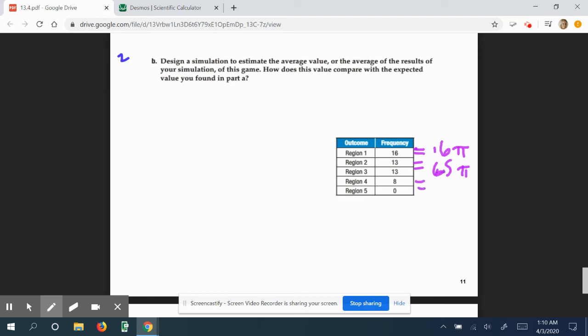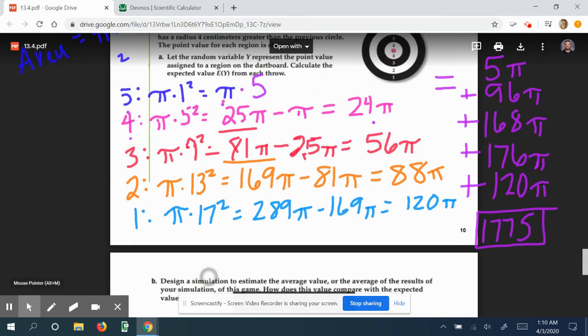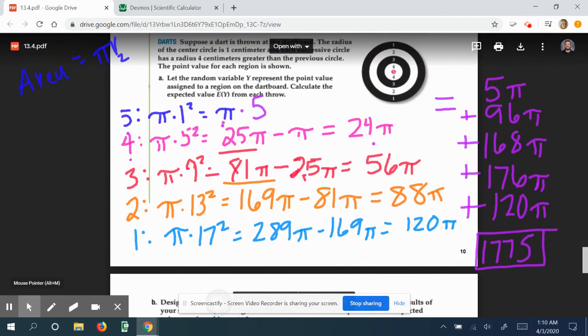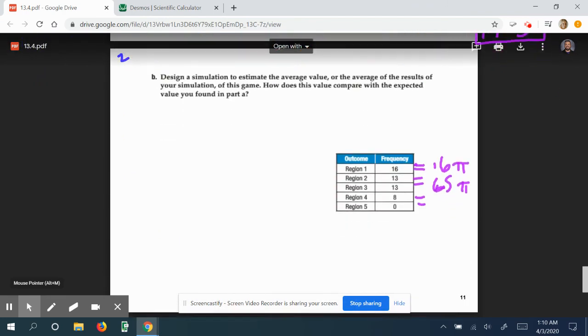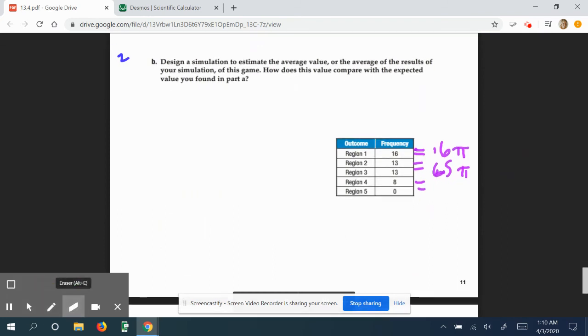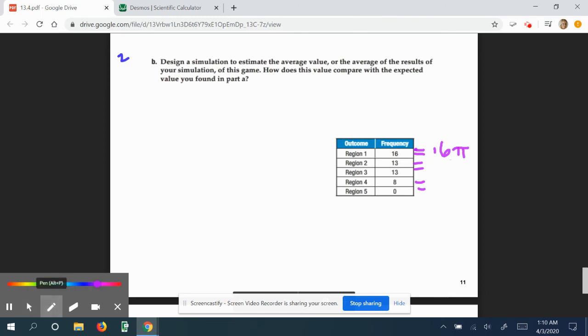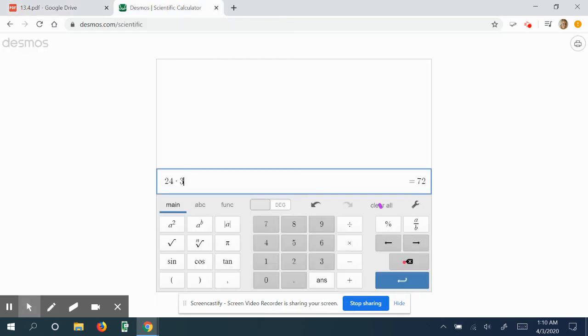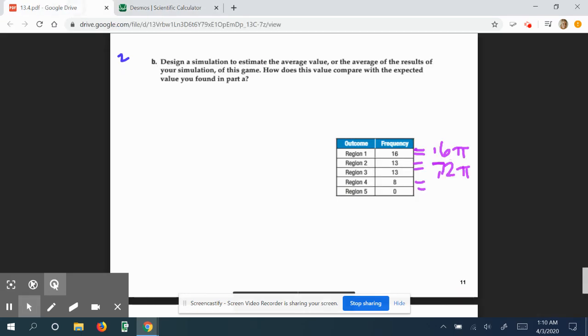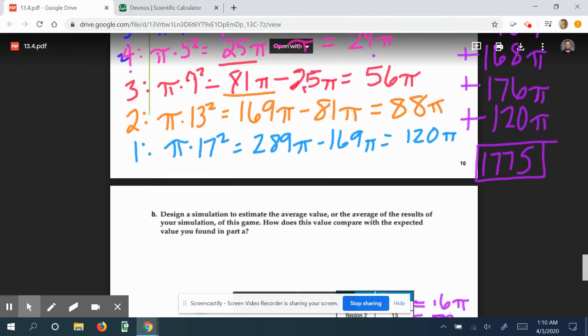And then the next one was, let's see, going up here, 56. Oh, that was 24. 24 pi times 3. I was wrong with that. So 24 times 3, that was actually 72 pi. Okay. Then the next one, 13 times, what was it? 56 pi.